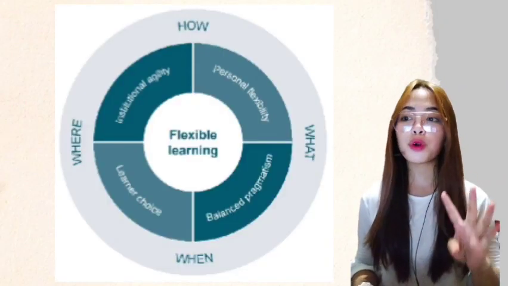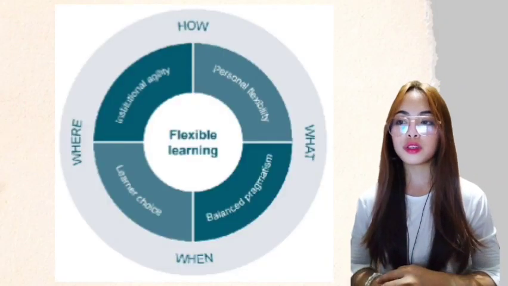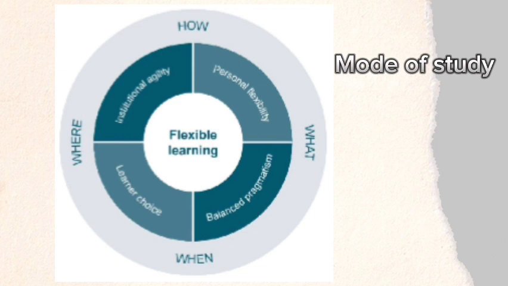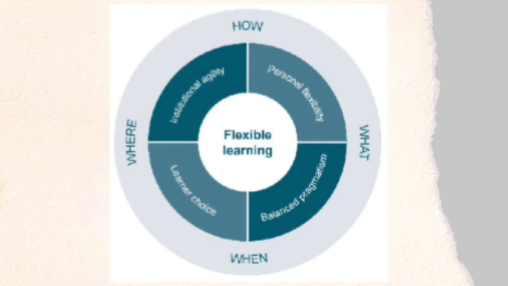So there are four key areas of focus. The first is flexibility, offering students choices about the pace, place, and mode of their study. Choices articulated in the next ring of how, what, where, and when.